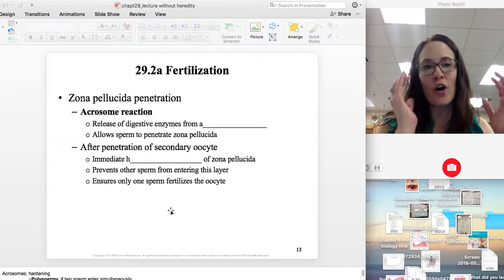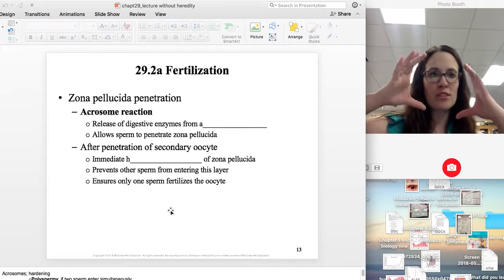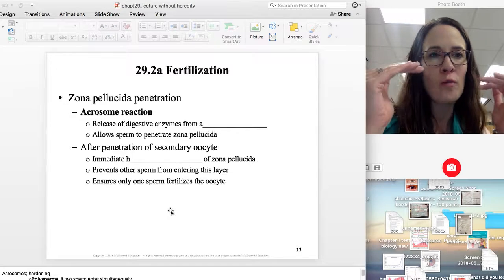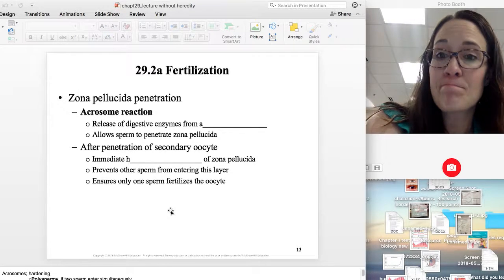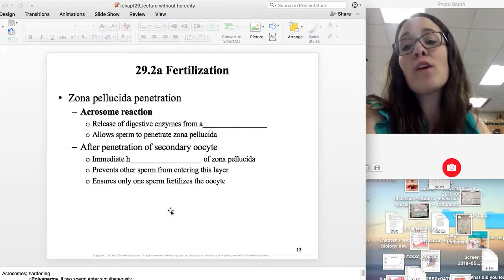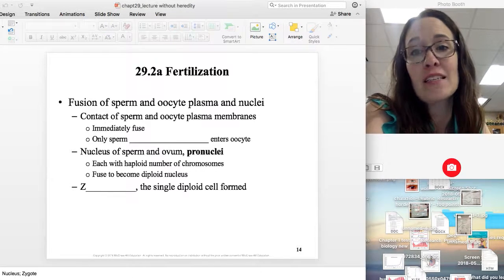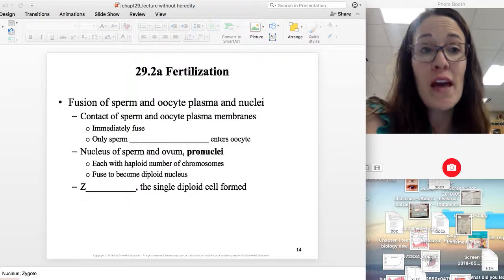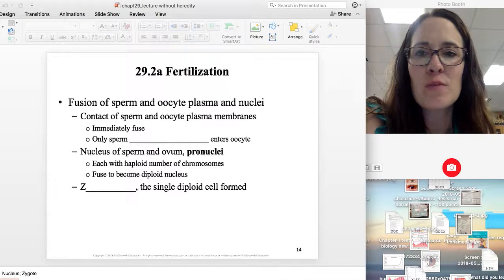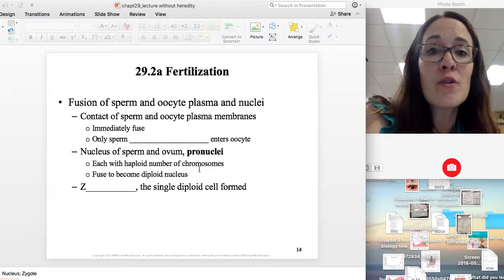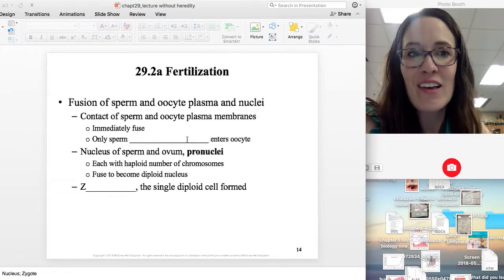So that layer will harden essentially when one sperm gets through, it'll throw up like a wall to prevent other sperm from getting in. And this ensures that only one sperm can fertilize an egg. When that happens, there's an immediate fusion of the nuclei of both the sperm and the egg. Like I said, only the sperm nucleus enters the oocyte, so the tail gets cut off.